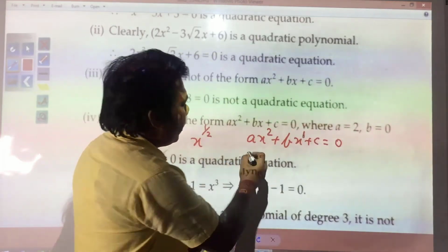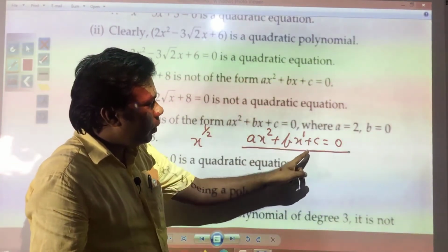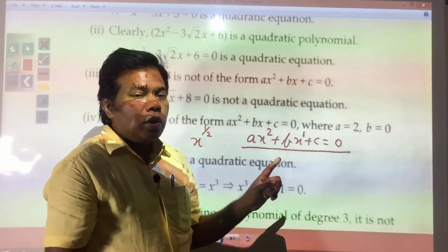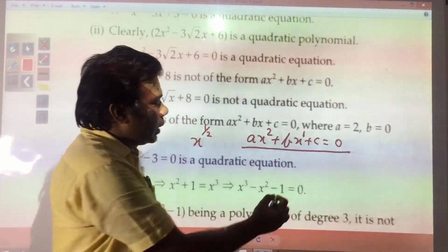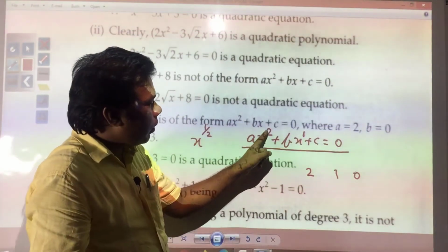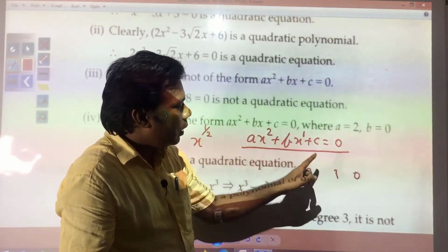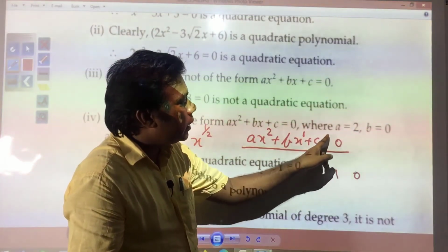In this form, if your equation is ax square plus bx to the power 1 plus c is equal to 0, the sequence of the powers of x should be 2, 1 and 0. Here you see, ax square, x to the power 2 you have, bx to the power 1 you have, cx to the power 0 you have.